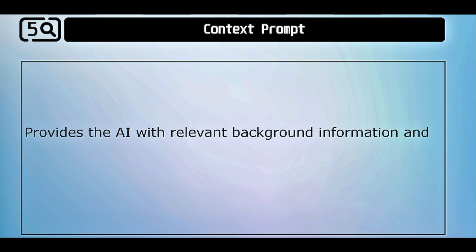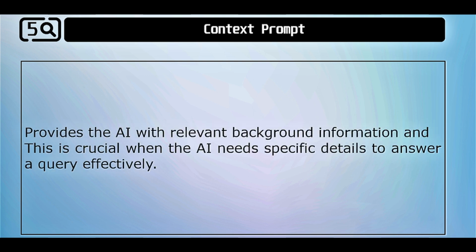For the fifth type we have context prompting. This provides the AI with relevant background and information, and this is crucial when the AI needs specific details to answer a query effectively. For this type we will provide multiple pieces of information, and based on these details the AI will generate a specific response.